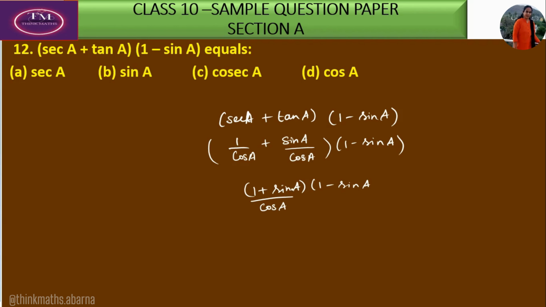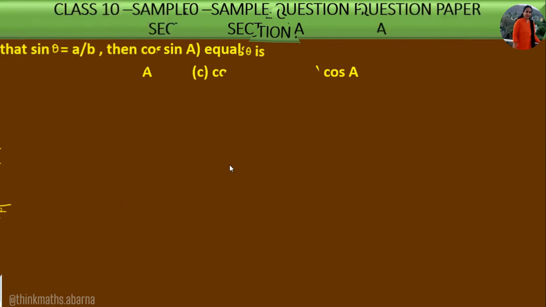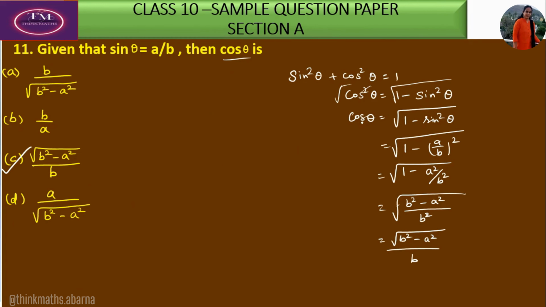So A plus B into A minus B. What is that? It's nothing but A square minus B square. So A is 1 and B is sin A. So A square minus B square. So 1 square is 1 minus sin square A divided by cos A. What is 1 minus sin square A? Already in the previous problem, we did that. Cos square theta is equal to 1 minus sin square theta.